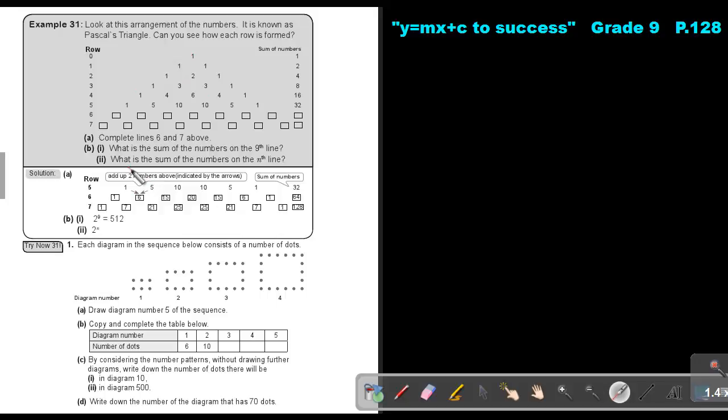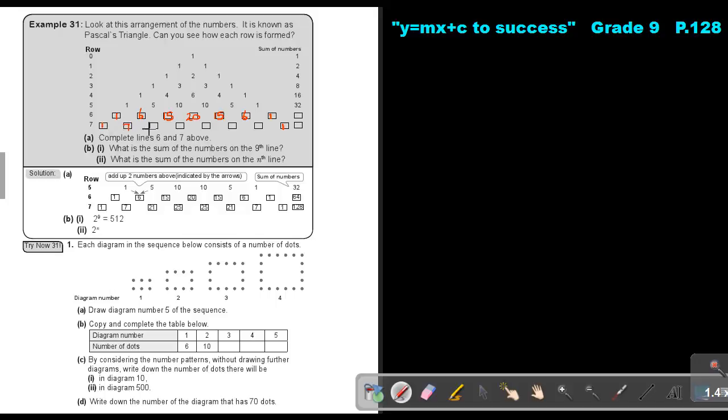So if I'm going to find, can I just show you here? So every time it's just 1, 1, 1, 1. So basically, if I want to find this one, I'm going to say 1 plus 5, that's 6. 5 plus 10, it's 15. 10 plus 10, 20. 10 plus 5, 15. 5 plus 1, 6.